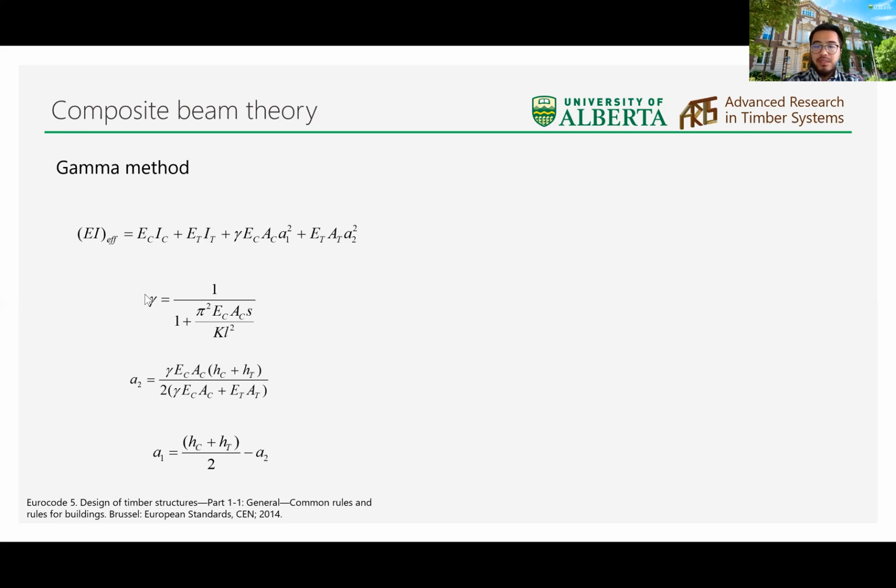As you can see in the expression of gamma, the connection stiffness K is divided by the connection spacing S, which means the connection stiffness is smeared along the composite floor. So the gamma method is best used for the continuous connections such as adhesive or closely spaced steel fasteners, but not necessarily for notched connections.